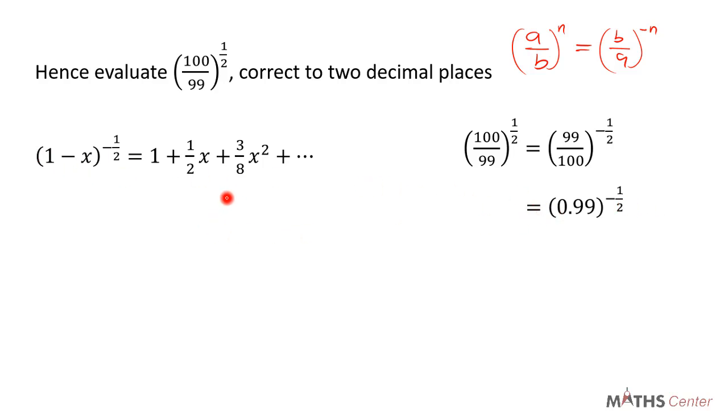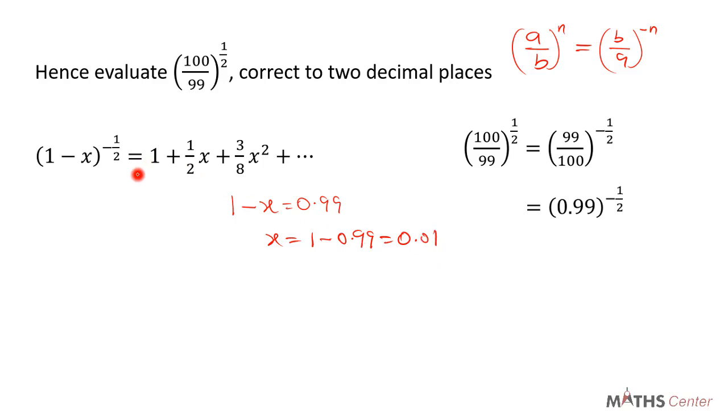So when we equate the bases, we are going to have 1 minus x is equal to 0.99. So from here we can say that x is equal to 1 minus 0.99, and that gives us 0.01.